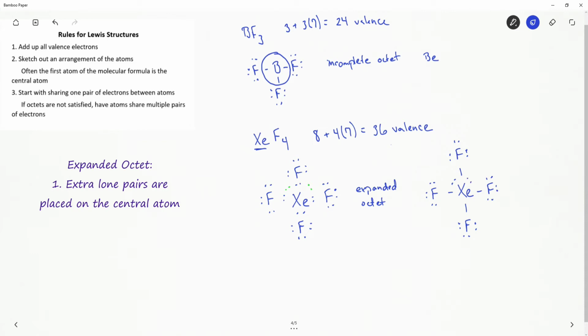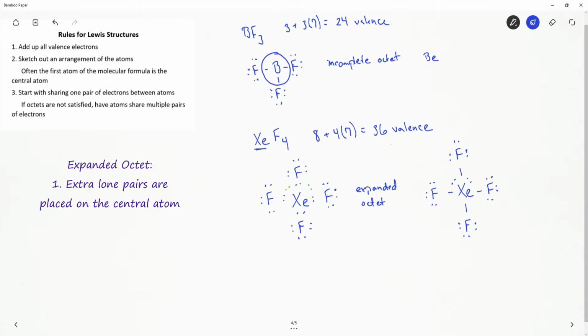Now, if you need an atom to have an expanded octet, the most important thing is that atom must be able to take extra electrons. So if you are looking at elements in the first or second period, i.e. anything up to neon, it does not have space to take extra electrons.